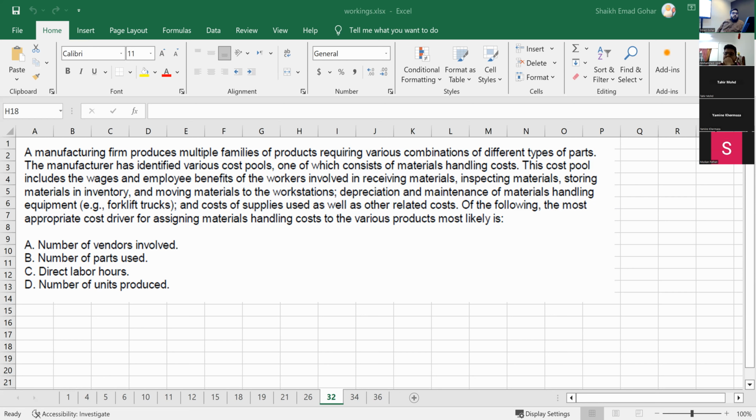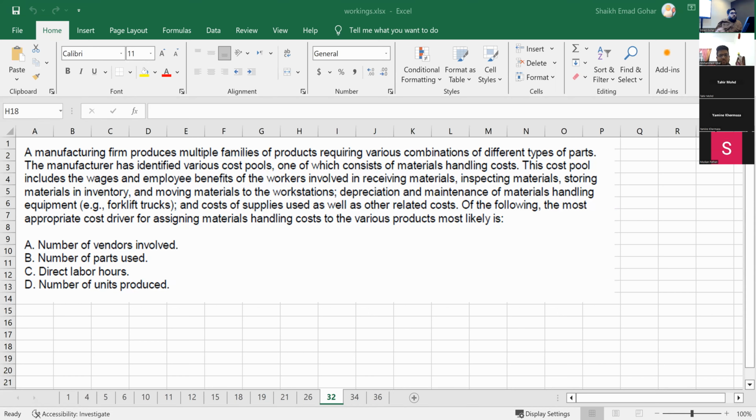So do you think the driver can be number of vendors? Number of vendors means number of suppliers, right? So you need to look for something relating to handling materials. So what is the answer? Labor hours? What about number of units produced? No, right. So what is the best answer? B is the answer.